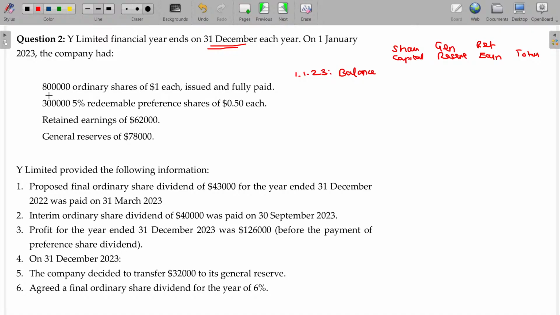Initially, we had 8 lakhs ordinary shares at $1, meaning 8 lakhs dollars in total. 3 lakhs 5% redeemable preference shares of $0.5 each. So 3 lakhs into 0.5, this will be $1,50,000. But anyhow, we are going to bother about changes in equity only. This is equity only.